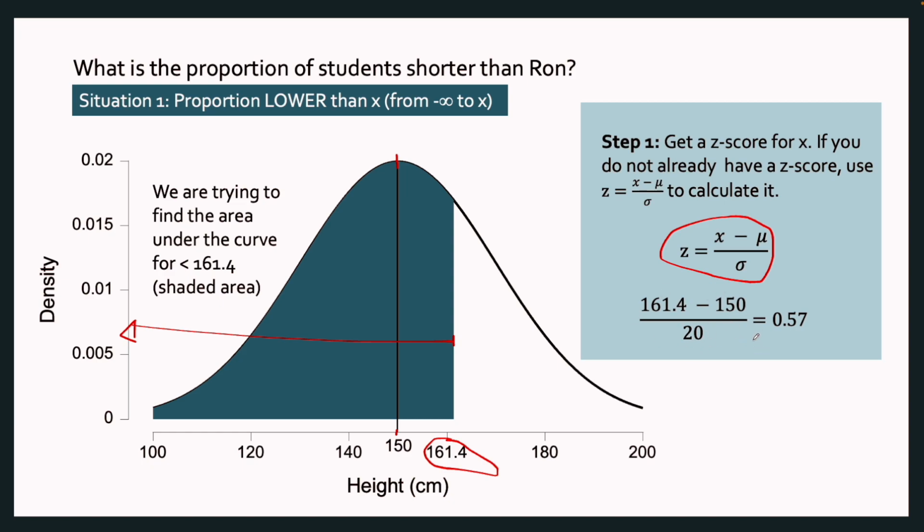Just substitute the values in, press your calculator, and you get 0.57. This is not over yet. This is just the z-score. So z equals 0.57, meaning this is 0.57 standard deviations above the mean. So we know that this is bigger than the mean.